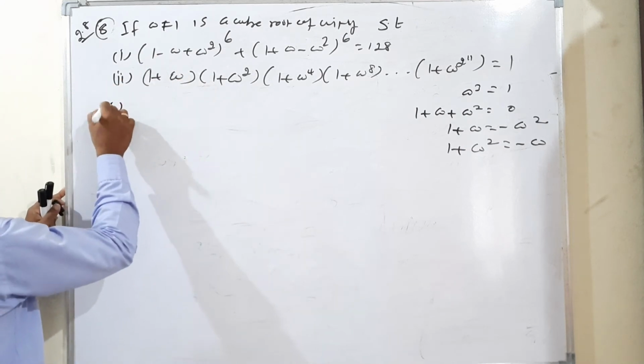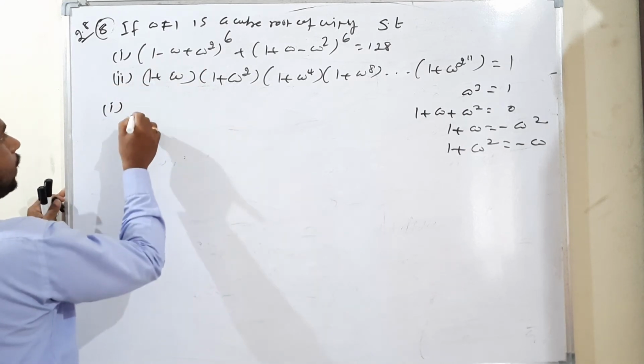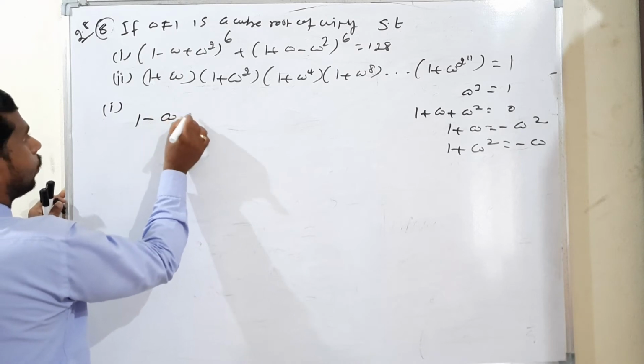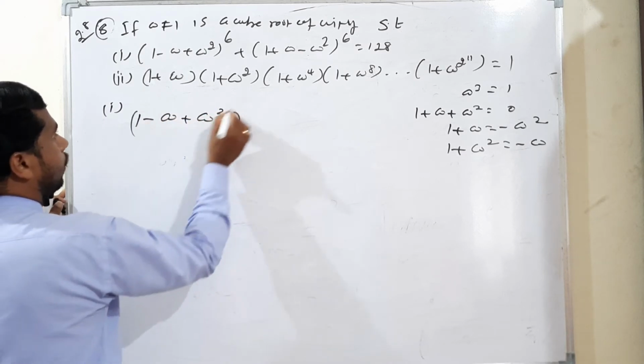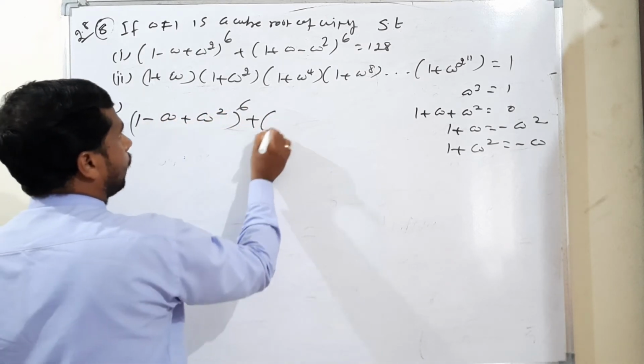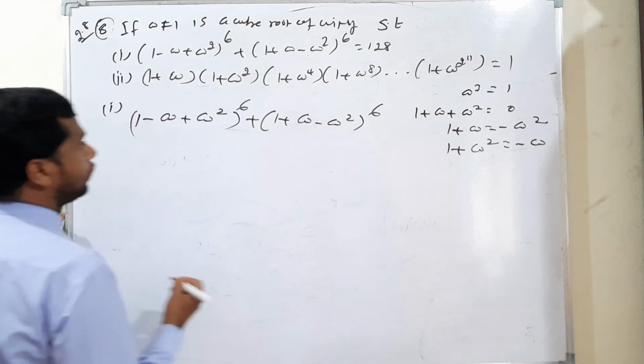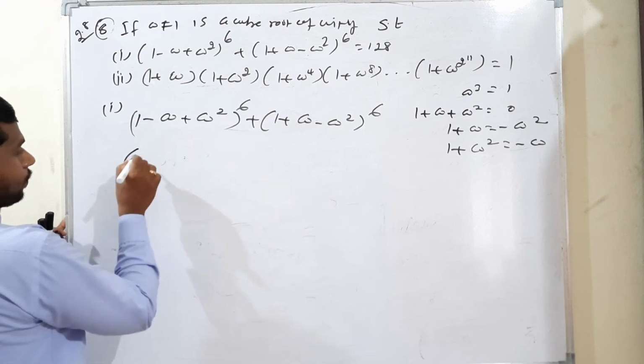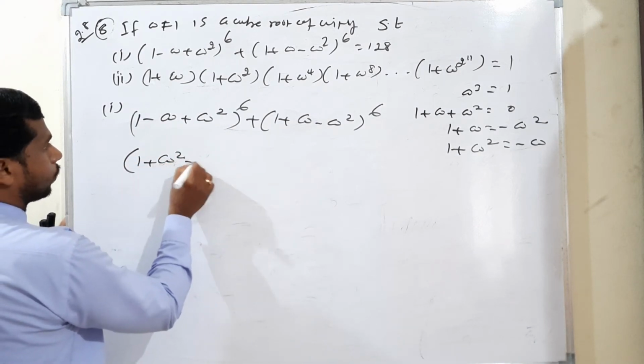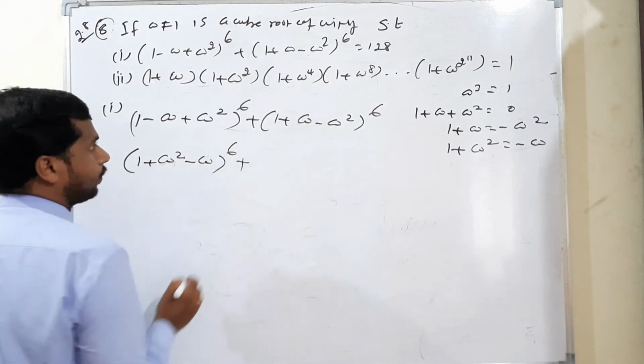Subdivision 1, I am considering only the LHS term. LHS means (1 − ω + ω²)⁶ + (1 + ω − ω²)⁶. So first writing the first term, (1 + ω² − ω)⁶.